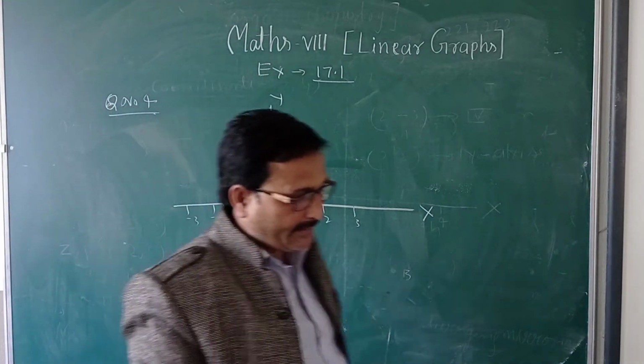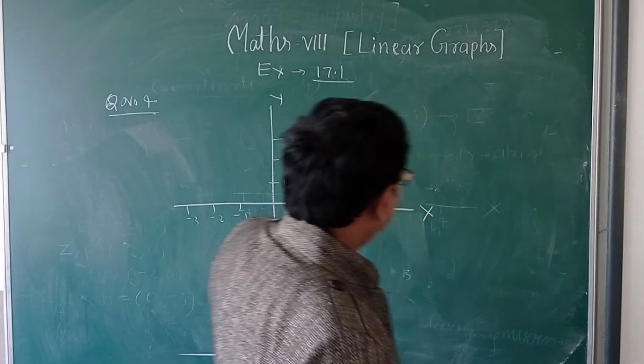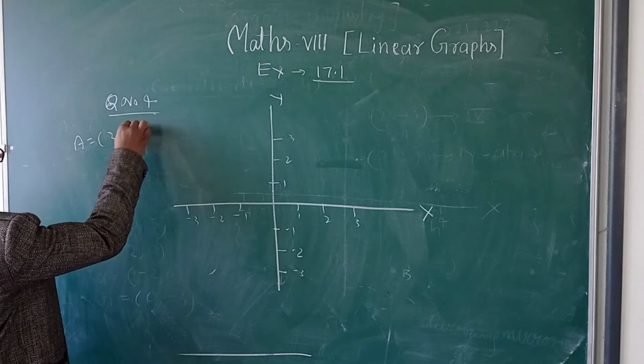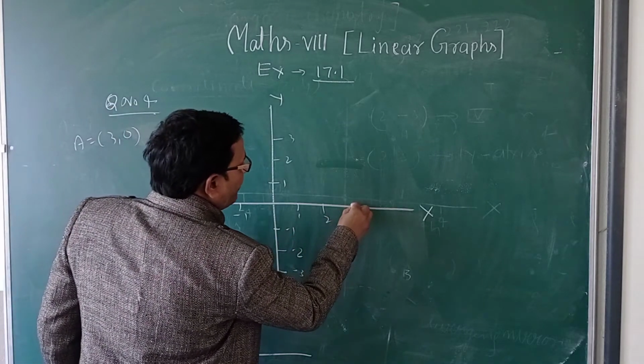Point A is given as (3, 0): x value is 3, y value 0.